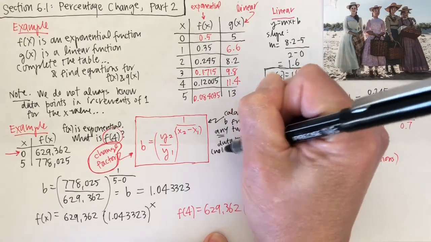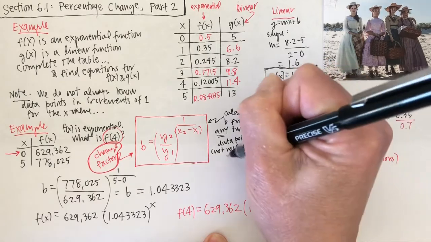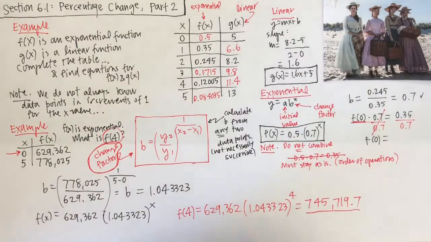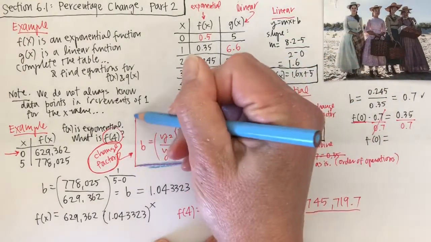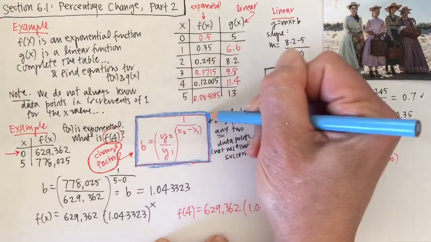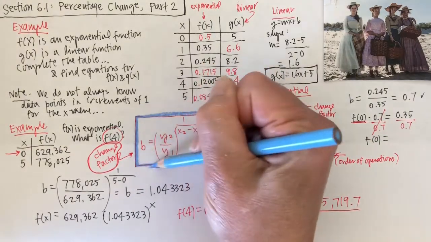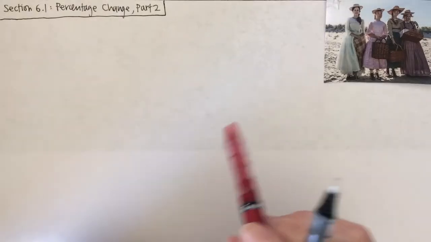And that's pretty powerful because now we know how to find that growth or decay factor based on just knowing that a function is exponential and knowing two data points. Okay, we have a few more things to talk about in this video.